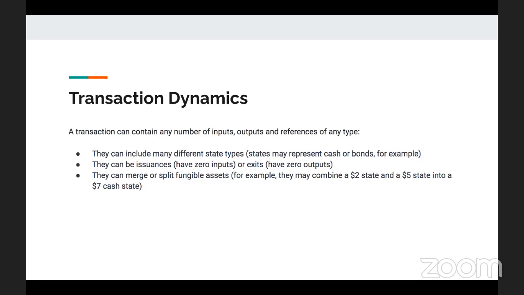When you do the tokenomics in cryptocurrencies and different other entities, tokens are issued, like when you do an initial coin offering, and issuance of the token can be based on 0 input. But when you redeem it later, then you will consume states. We can also merge or split fungible assets like cash. Cash is a good example of a fungible asset, like a dollar.